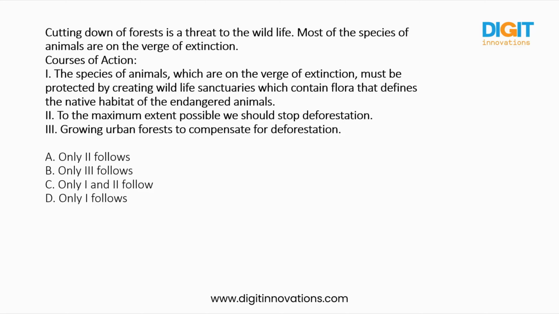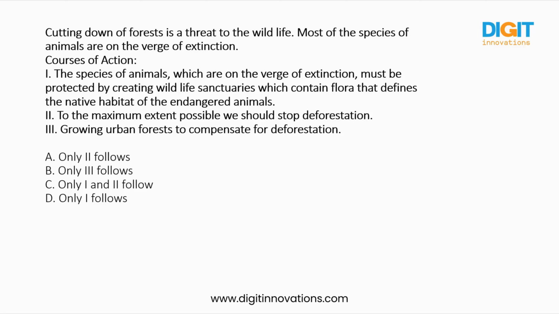We can't kill them. So to that extent, we have to protect them by providing wildlife sanctuaries, like a native habitat for the wildlife. So we have to provide that to the animals by protecting them. Okay, so the first one is accepted.